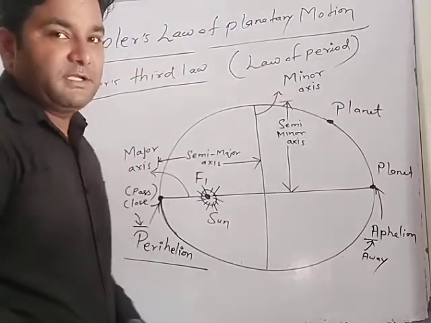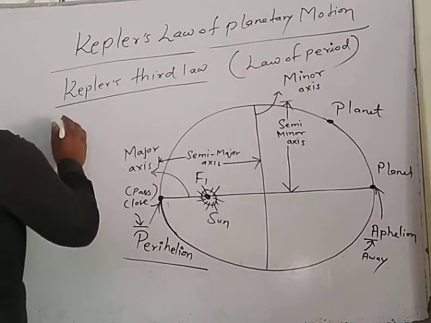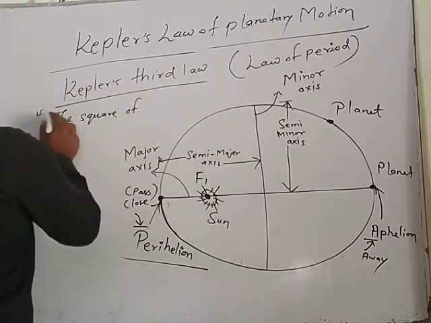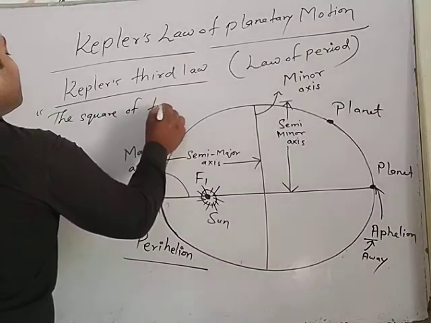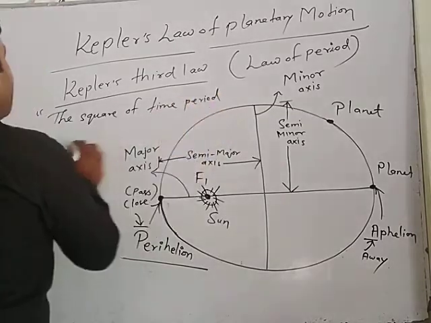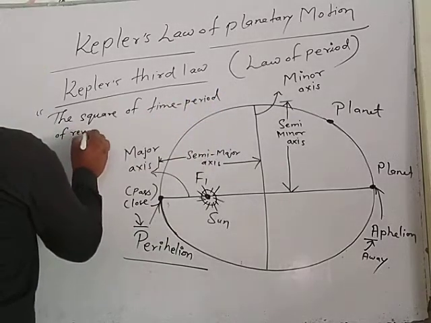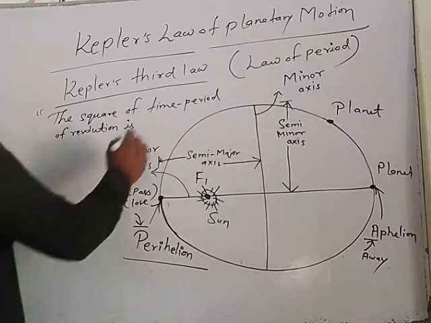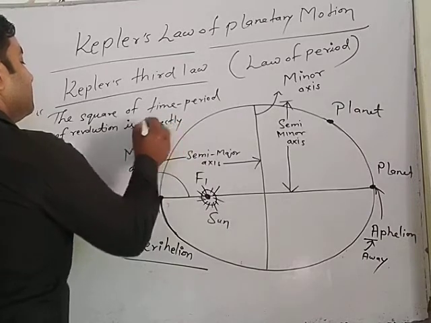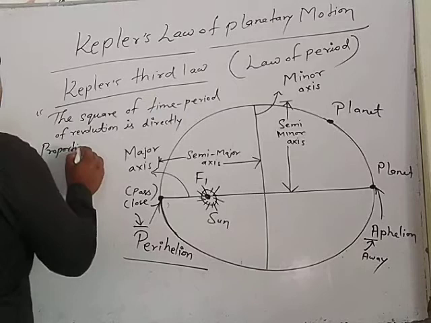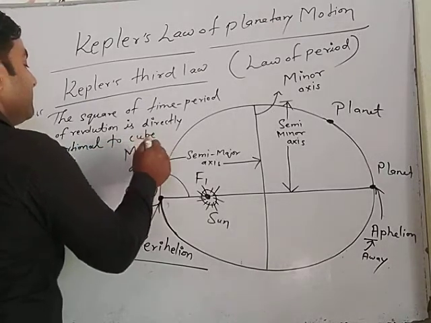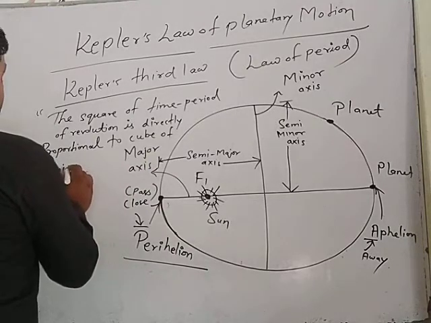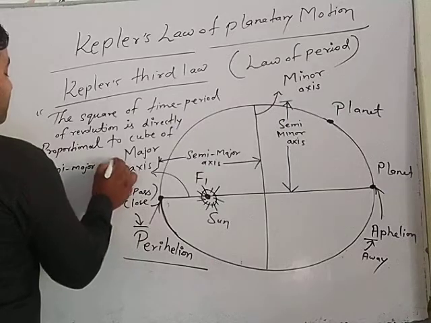Listen to the statement: the square of the time period of revolution is directly proportional to the cube of the semi-major axis.